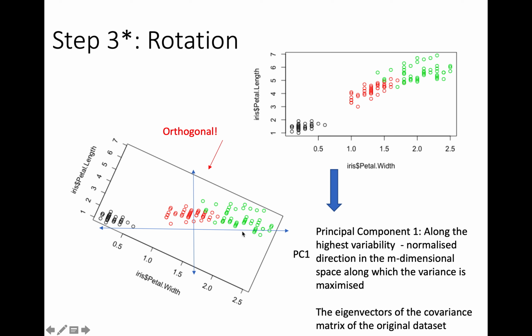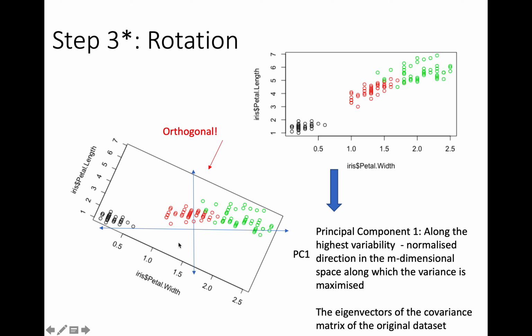Okay, so I've orthogonalized my covariance matrix, and this is what it looks like graphically. So I have principal component 1, which is determined this way, and that is along the highest variability, and it is normalized in the m-dimensional space along which the variance is maximized. Here we're seeing a 2-dimensional space, because we really can't draw better than that.